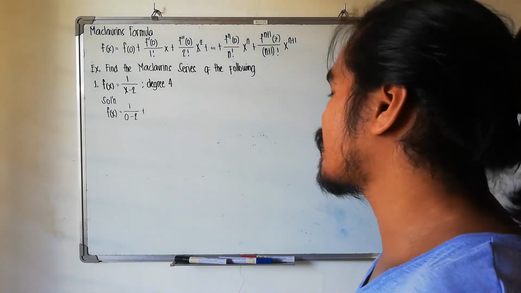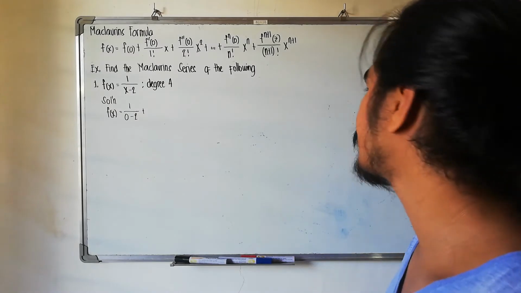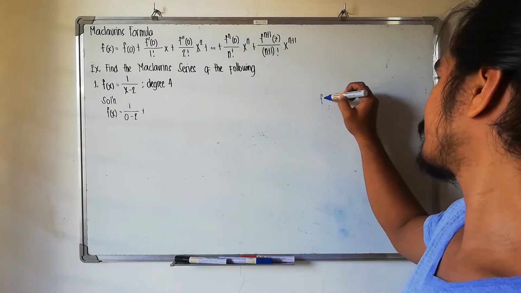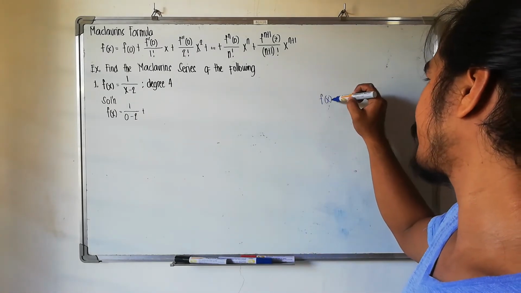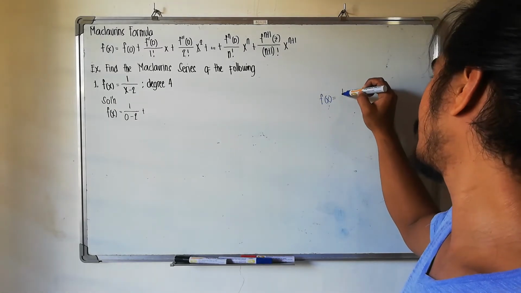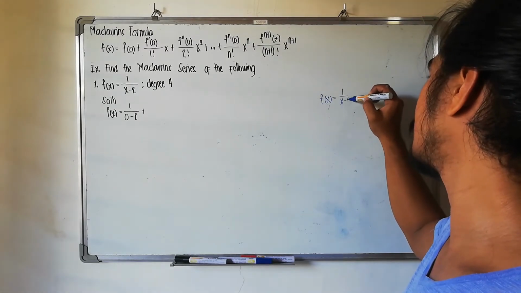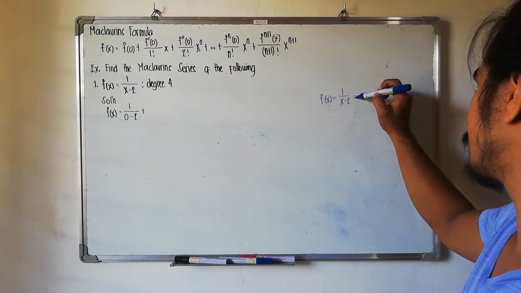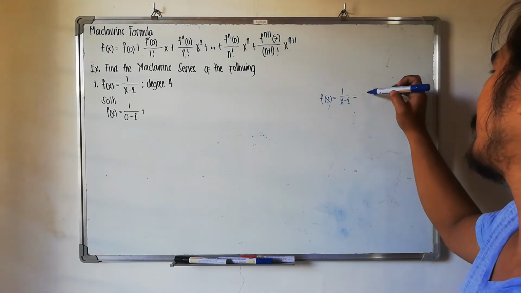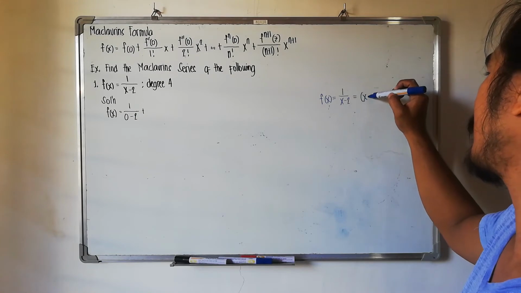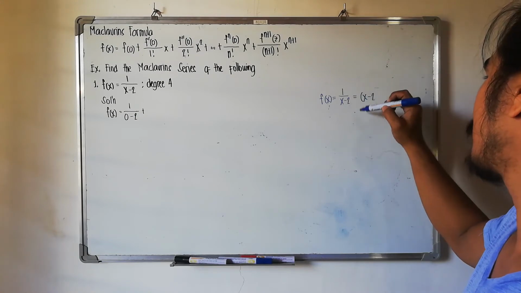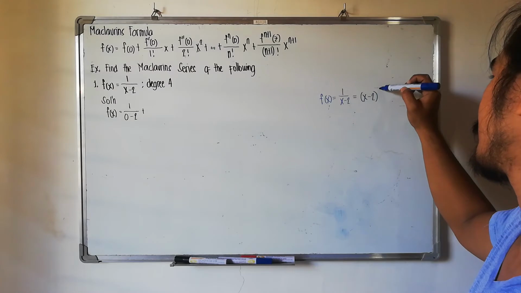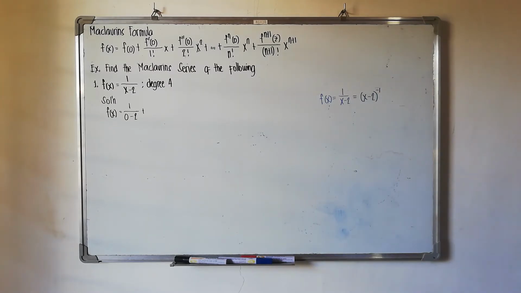So to solve the first derivative of your function, f of x is equal to 1 over x minus 2. It can also be written as quantity x minus 2, quantity raised to negative 1.